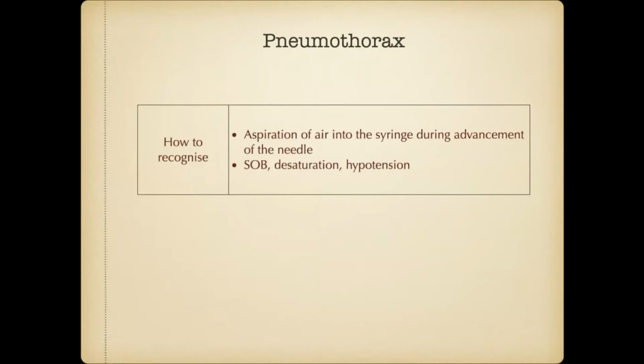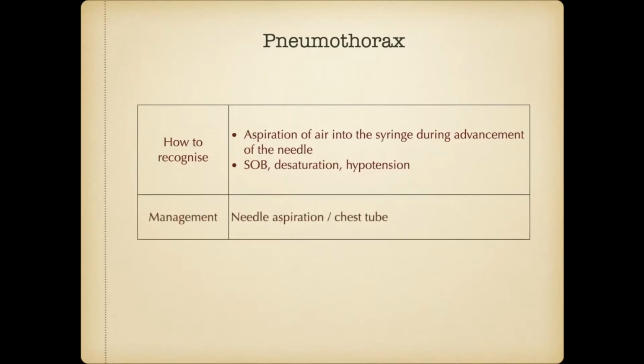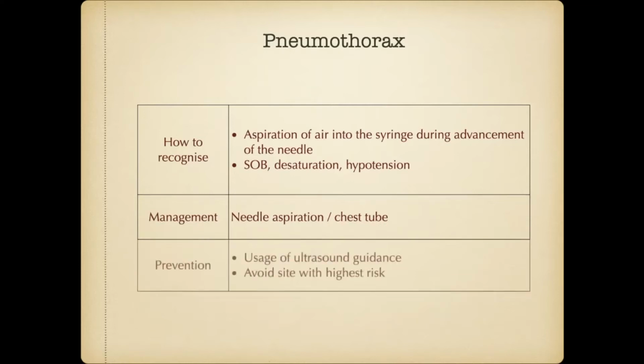The moment we aspirate the syringe, there is air or bubbles, the patient desaturates or even develops hypotension if it becomes a tension pneumothorax. Hence the management is to put in a drain to drain the pneumothorax.